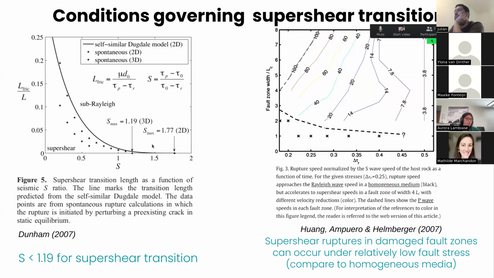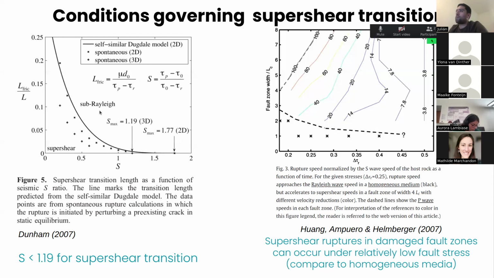Here on the left, you have a figure from Dunham, where he used dynamic rupture simulation in a homogeneous medium to show that the seismic ratio, this parameter here, is a measure of the initial loading stress relative to the peak and residual strength.